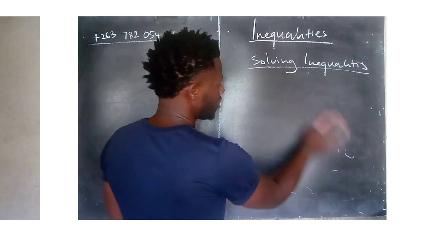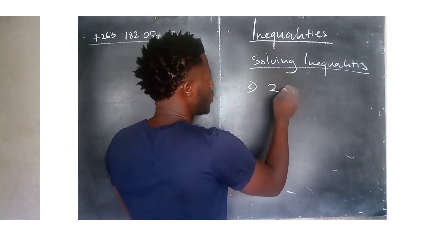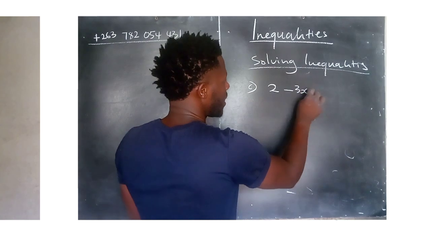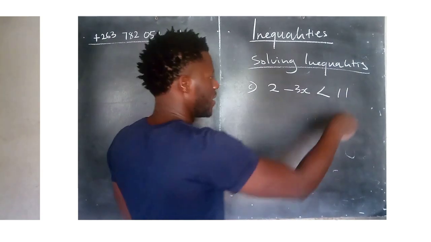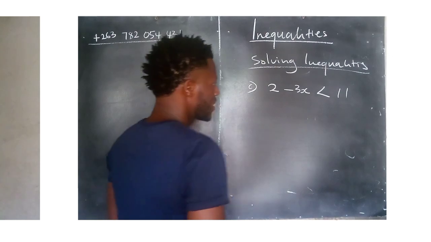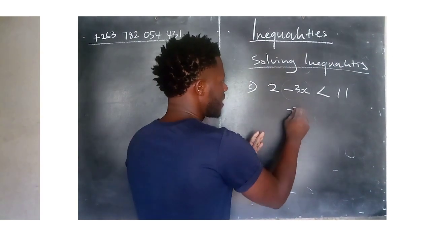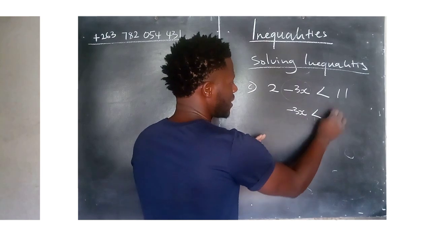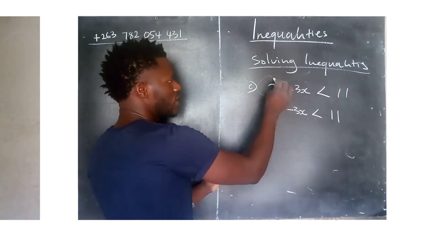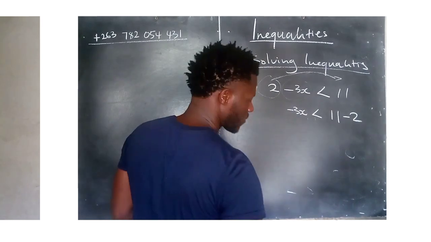How about this situation? 2 minus 3x is less than 11. Yes, we are still using the grouping method. Check, this is negative 3x, so it will remain minus 3x is less than 11. Let's move positive 2 to the other side, so it becomes negative 2.